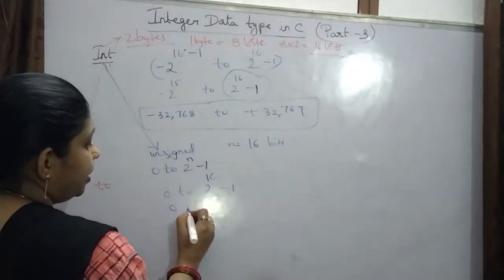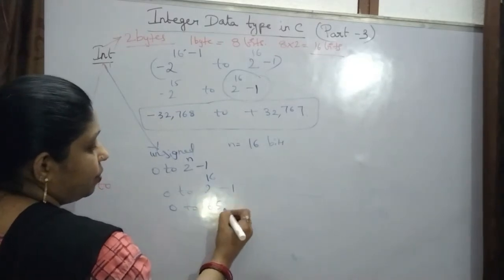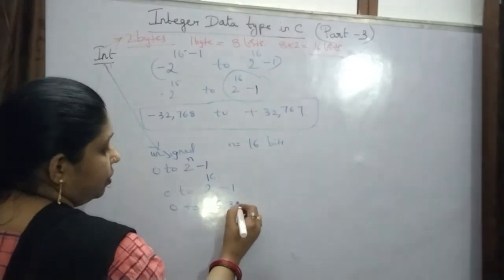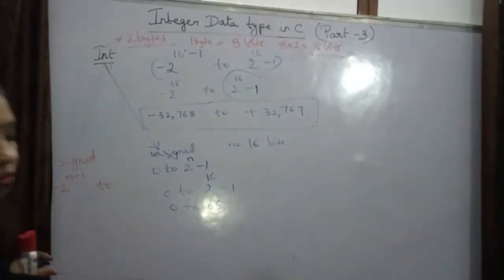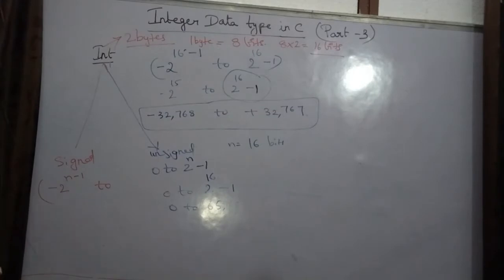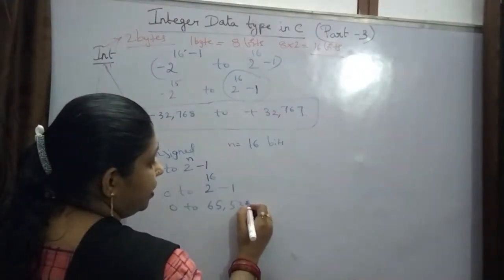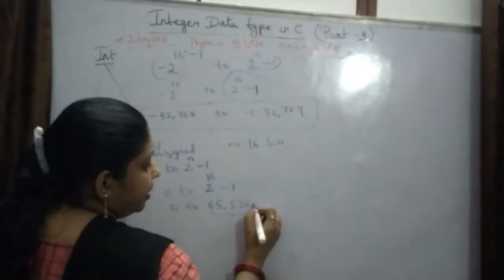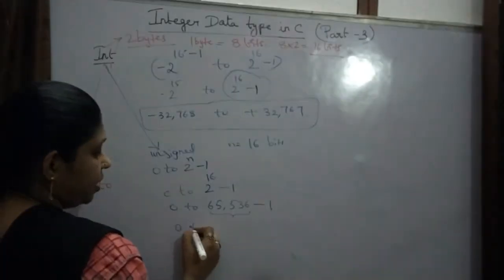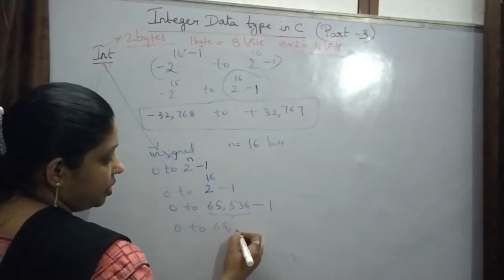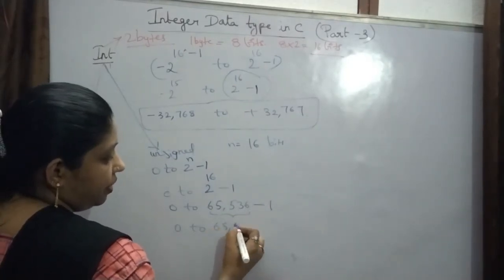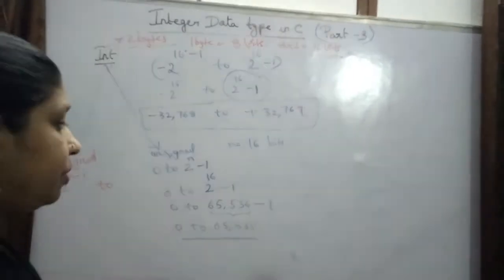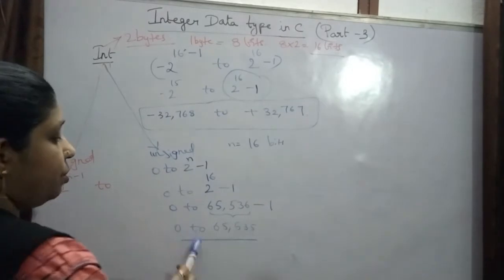Now this comes around 0 to 65,536 minus 1. When you subtract, it comes around 65,535. So this is the range of values unsigned is going to accept.